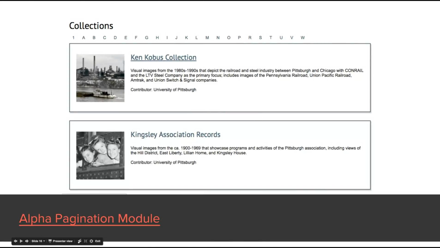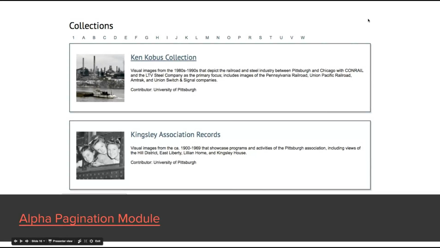So how does this work from a technical perspective? How is this list or this pagination generated? I borrowed some of the source code from the standard Drupal module by the same name, alpha pagination, but I've forked that code so that I could make it talk to our Solr collections, with a little bit of hardwiring so that it will work within our collections view.